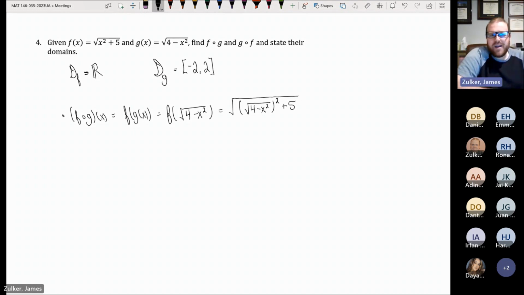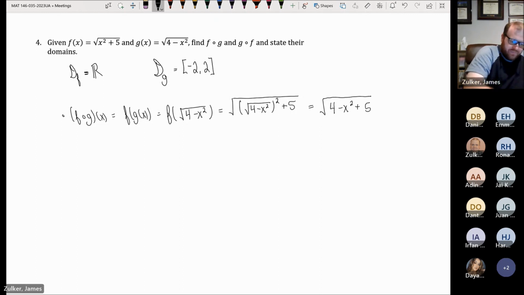Replace x with root 4 minus x squared in f. We'll get the square root of 4 minus x squared plus 5, which is the square root of 9 minus x squared.